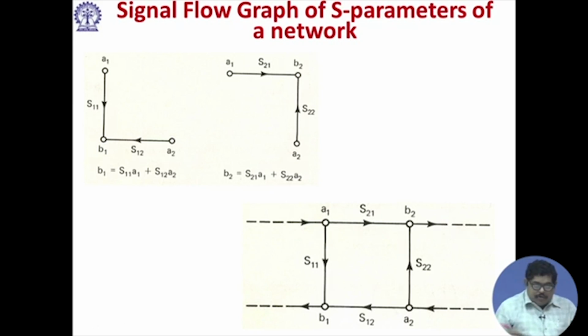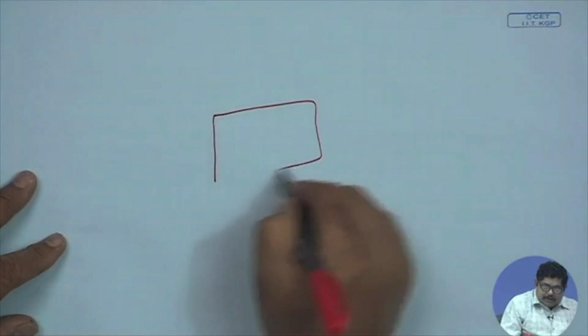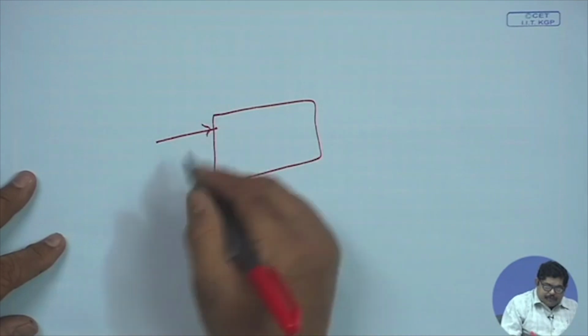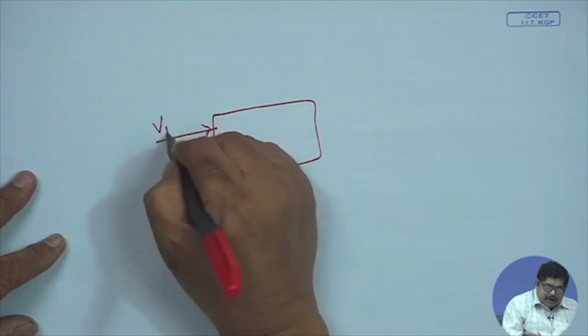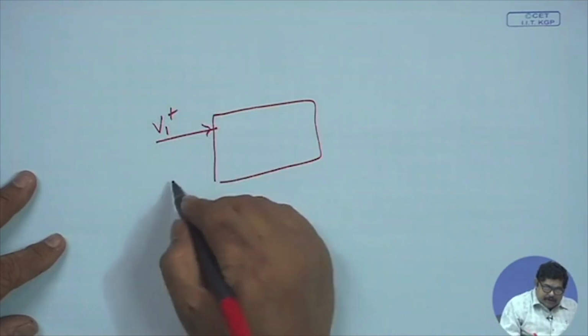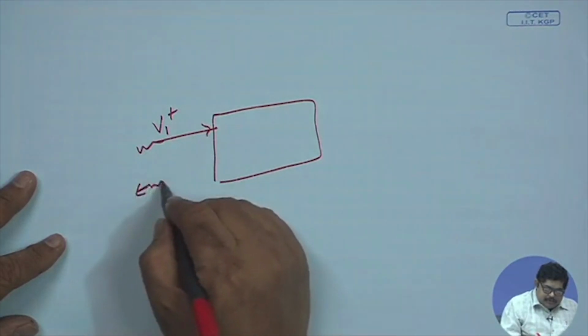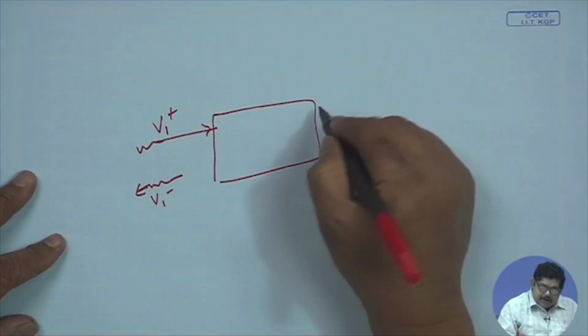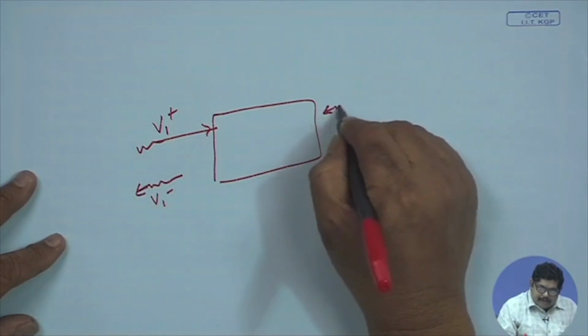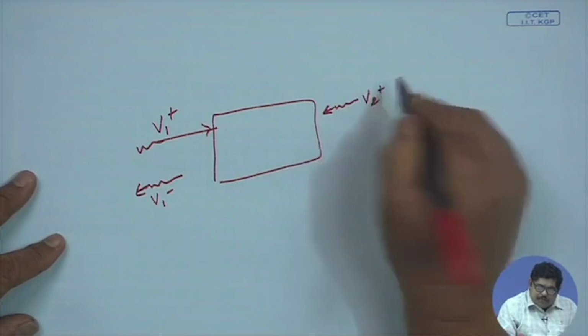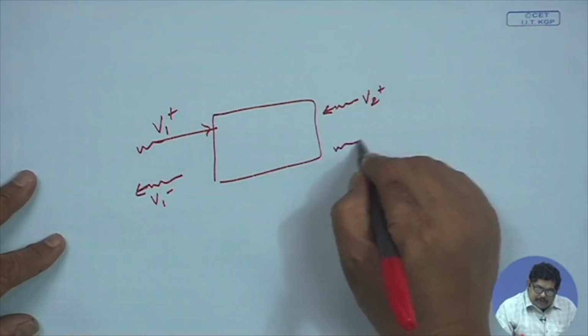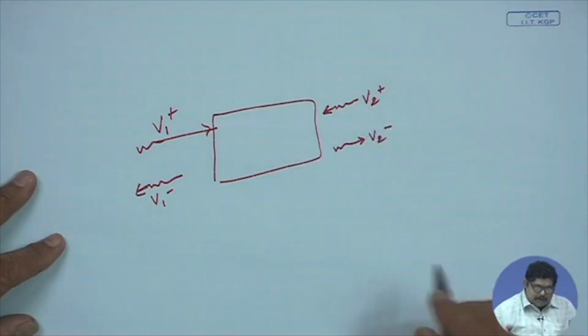If you see this thing, in our two port network, I have V1 plus, I have V1 minus, I have V2 plus, I have V2 minus.